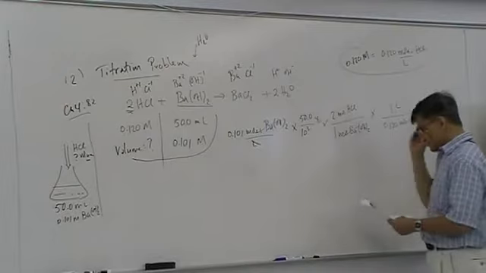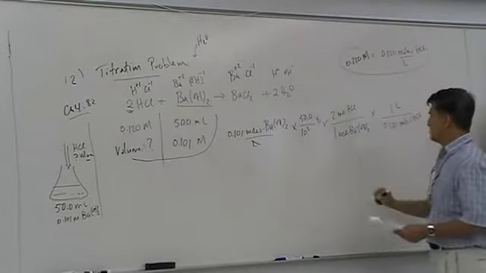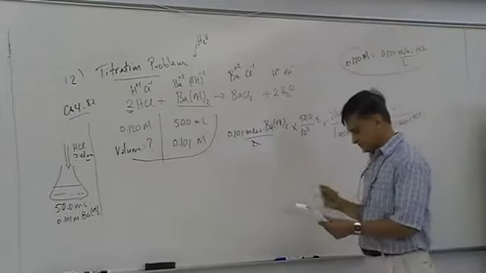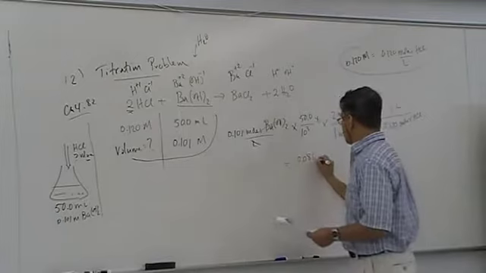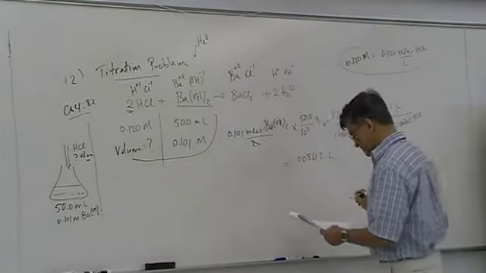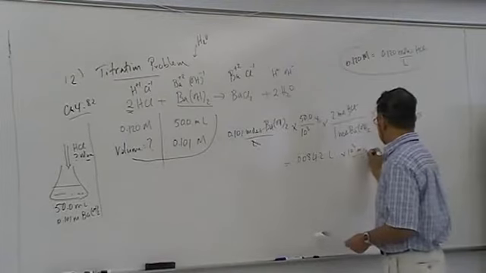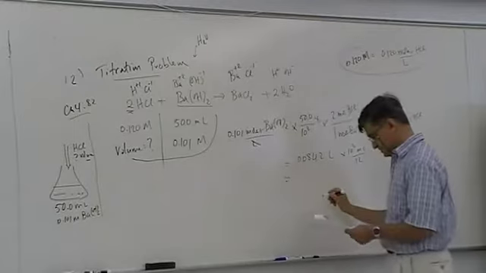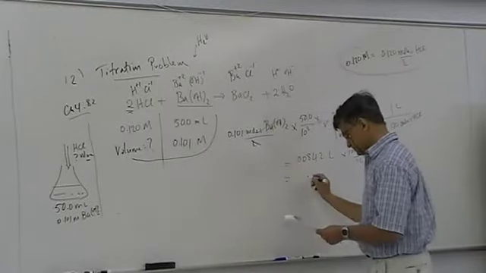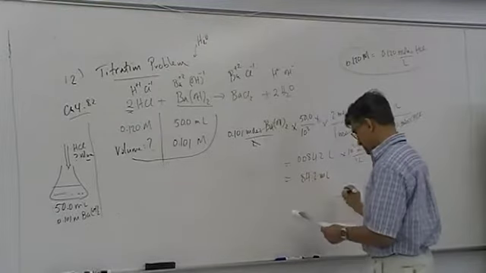So, after all this unit cancellation, this is what I end up with: 0.0842 liter, and then you can change it to milliliter. 1000 mL makes a liter. I think in the book they expressed the answer in milliliter. So that's 84.2 mL of HCl.